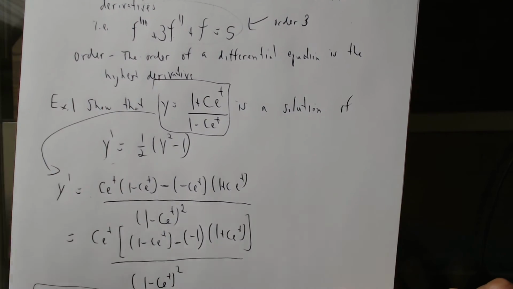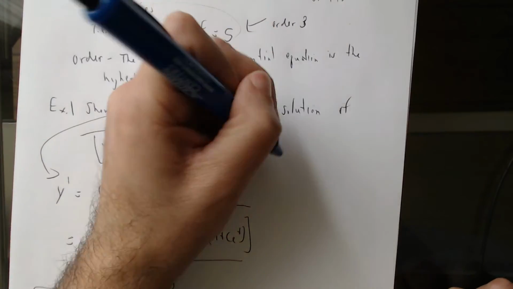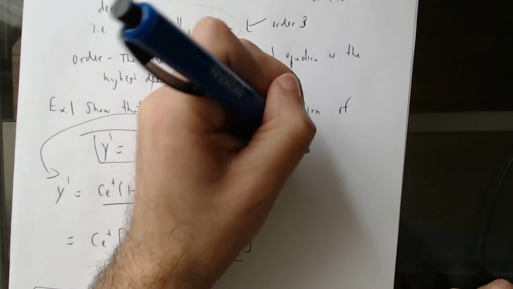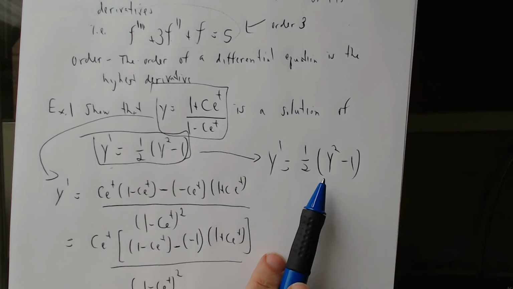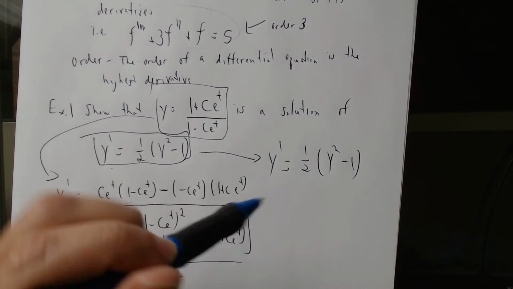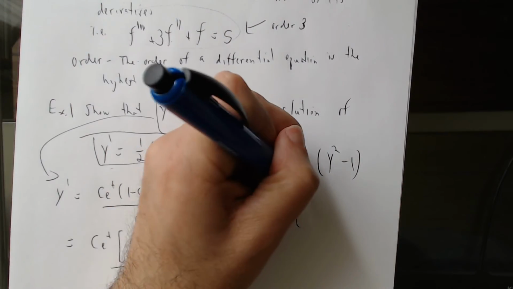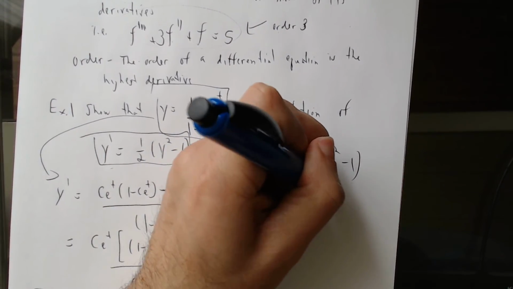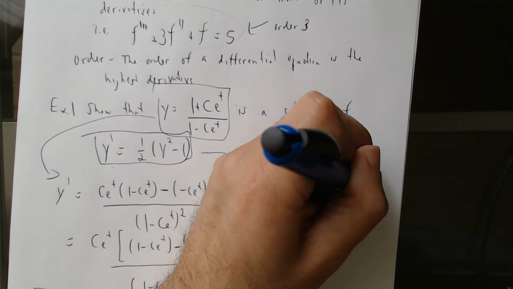We're saying, okay, let's go now to the differential equation and say we have y prime equals 1/2 y squared minus 1. So now, since we know what y is, I'm going to replace y with 1 plus ce to the t over 1 minus ce to the t. That becomes 1/2 times (1 plus ce to the t over 1 minus ce to the t) quantity squared minus 1.